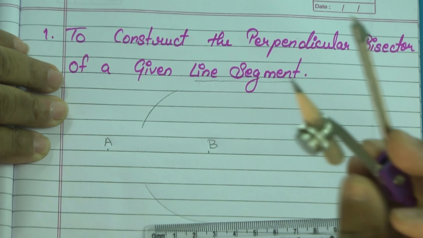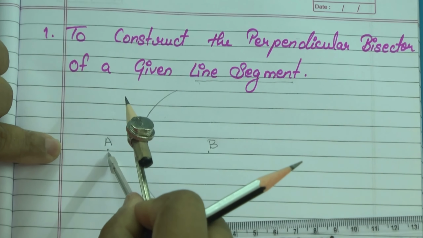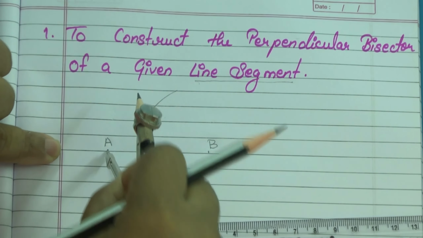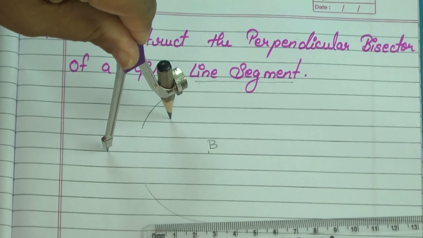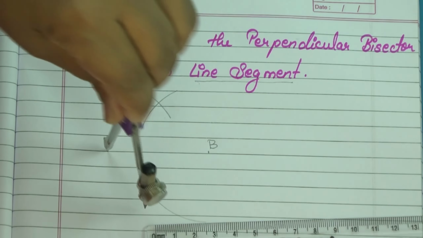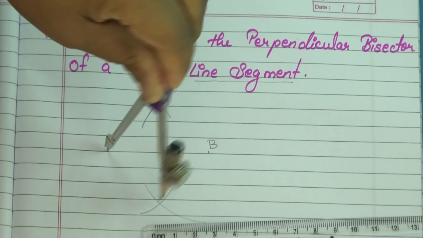Lift the compass, the pointer. Keep it on another point, that is A, and give an arc above and give an arc below.